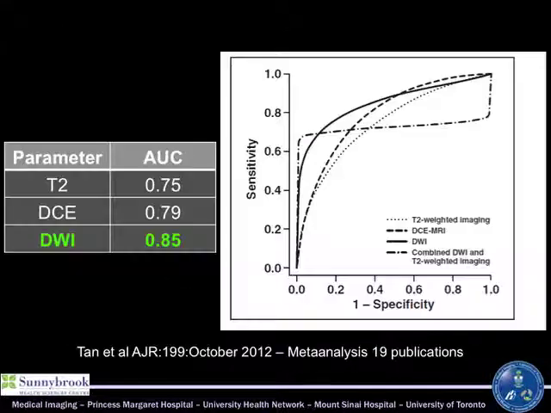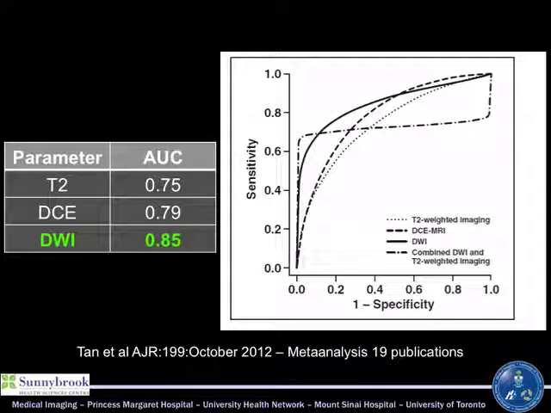But this has held up, and this is a recently published meta-analysis from 19 publications showing an area under the ROC curve of 0.85 for diffusion-weighted imaging compared to 0.75 and 0.79 for DCE. And this was statistically significant. Diffusion-weighted imaging performed better than T2. DCE and T2 were equivalent.